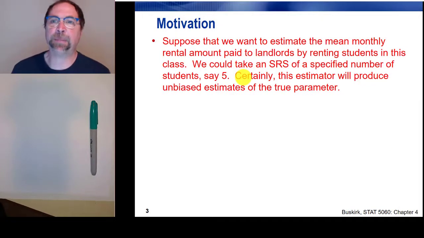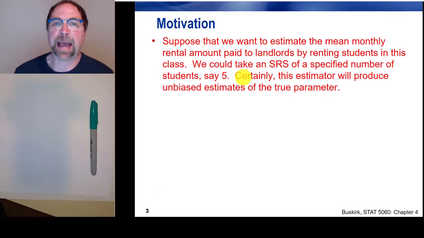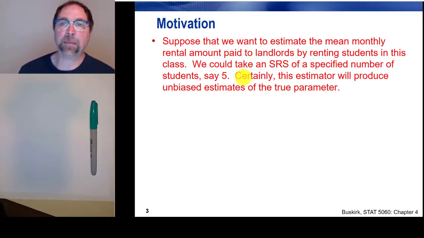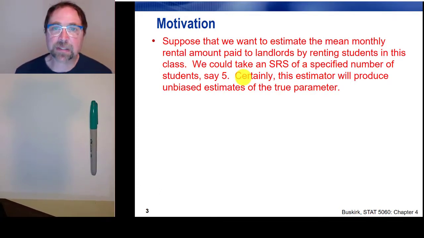Let's say, for example, just to give us an example to work with here, you wanted to estimate the mean monthly rental amount paid to landlords by renting students in this class. So we could take a simple random sample of, say, 5 students without replacement, and ask people, what is the amount that you paid to your landlord this month?